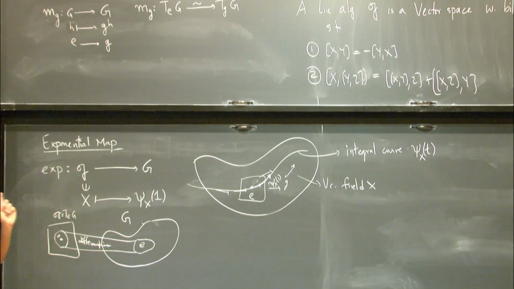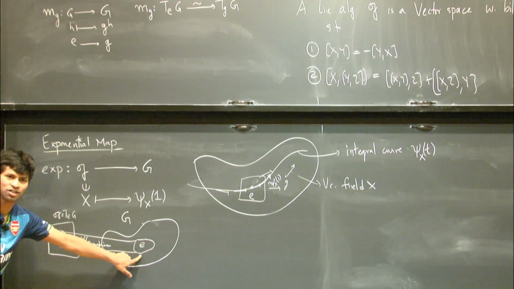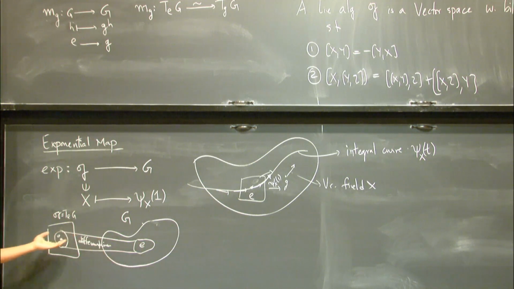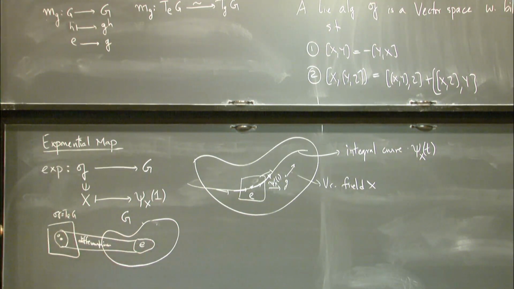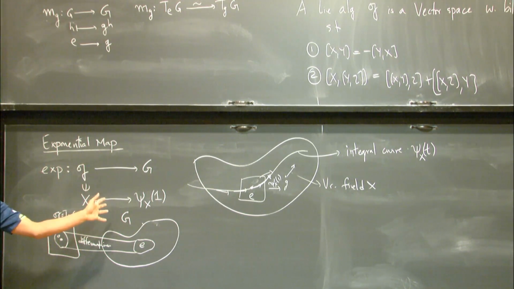Okay? What has this allowed me to do? This has allowed me to take some small neighborhood of this Lie group and make it some subset of the linear space. And the point is, this is a group, right? So if I can understand the small neighborhood of the group, then you just multiply elements within the group and you can propagate to the rest of the Lie group.